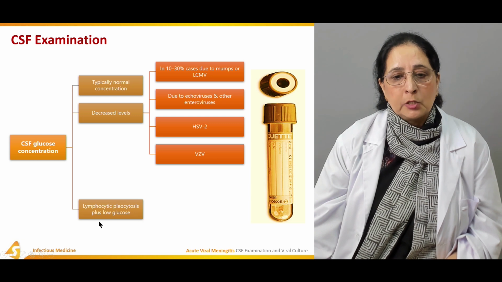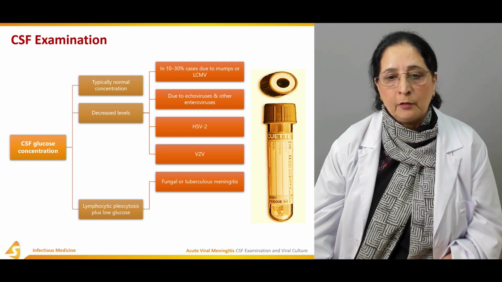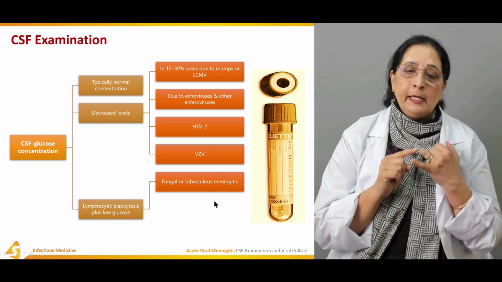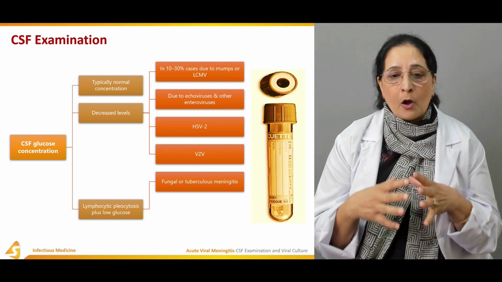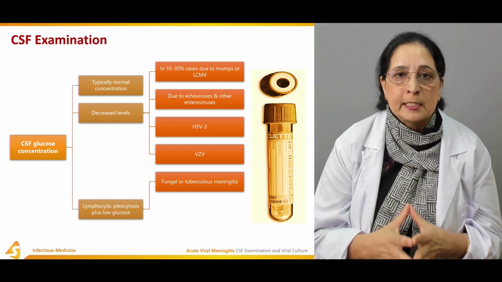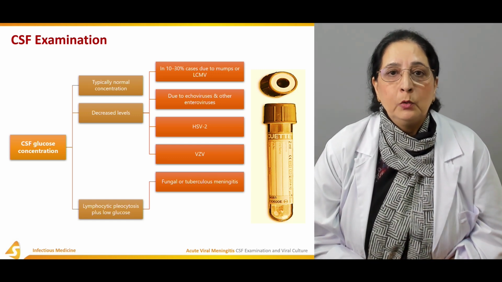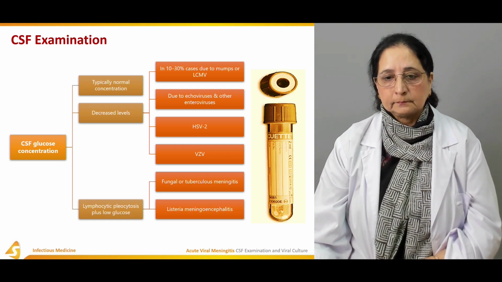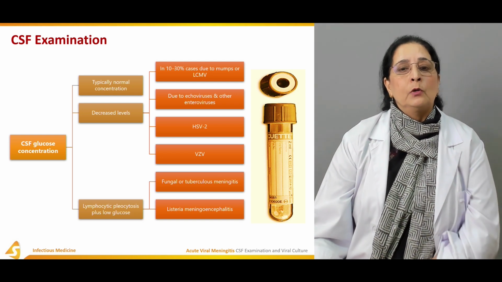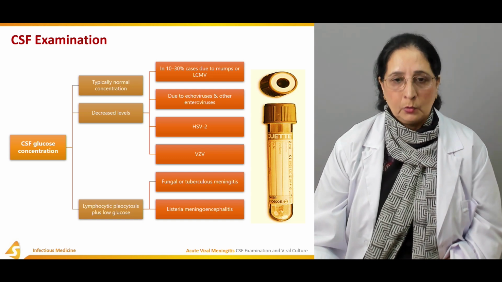Lymphocytic pleocytosis plus low glucose. Now, which viruses are involved? It is fungal or tuberculous meningitis. If the level of glucose is low, but it is lymphocytic pleocytosis rather than polymorphonuclear pleocytosis, it might be fungal or tubercular meningitis. Listeria meningoencephalitis is also associated with lymphocytic pleocytosis plus low glucose level.